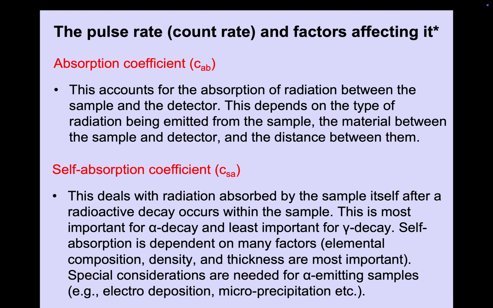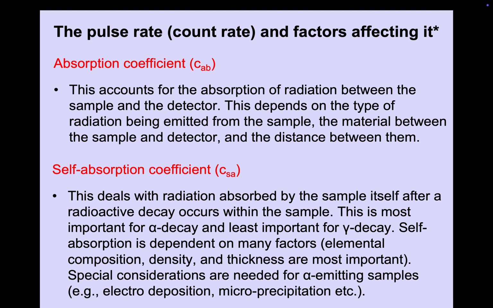Then when we're considering absorption, it's not something that we really need to worry about very much for gamma radiation because that is indeed of high energy and is therefore quite penetrating, and it's not really going to be troubled much, say for instance by an air gap between the sample and the detector.